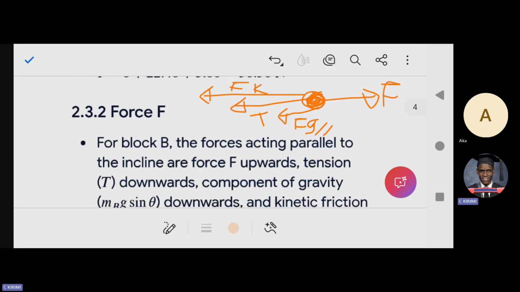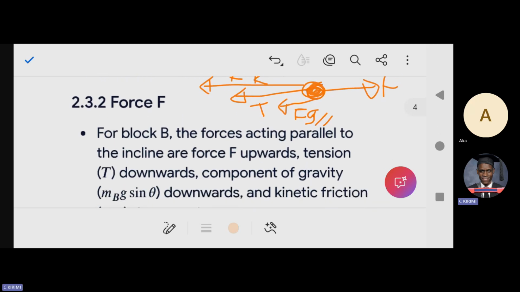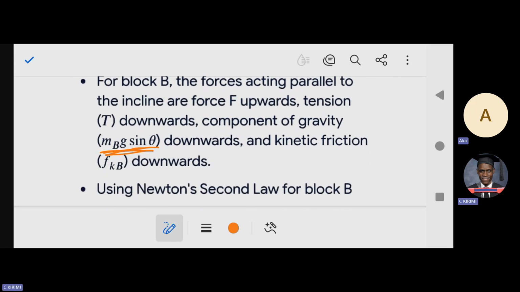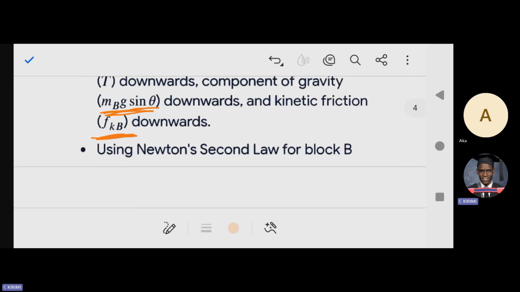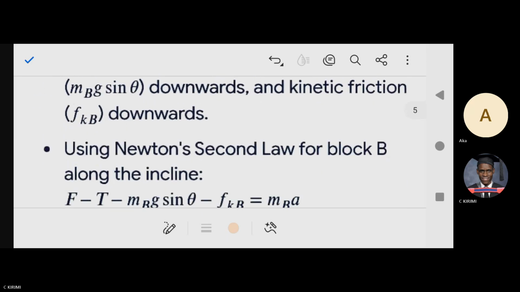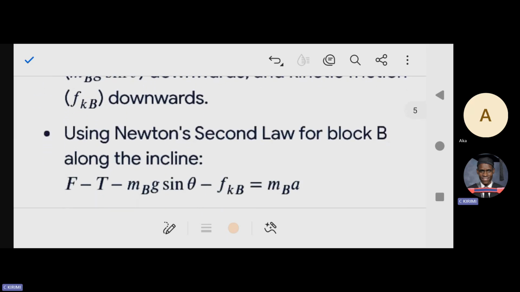We are not using FG. We are using only the component of the parallel, which is mass of B multiplied by the gravitational force, multiplied by sine theta, and theta is still 35 degrees. Then you have the frictional force for B, which was given, and you put your forces as they are.